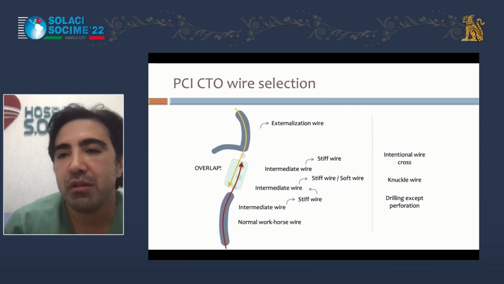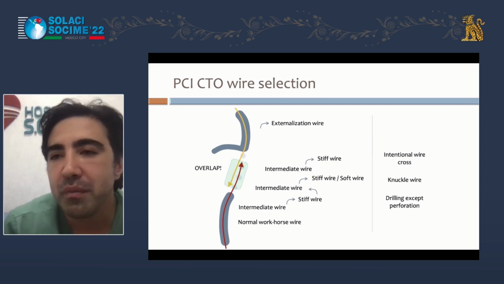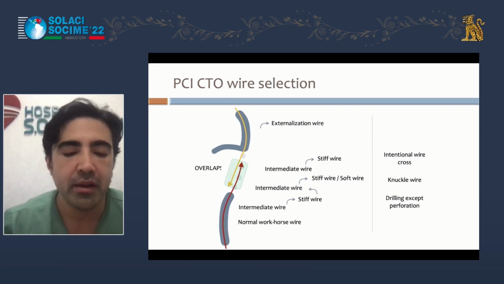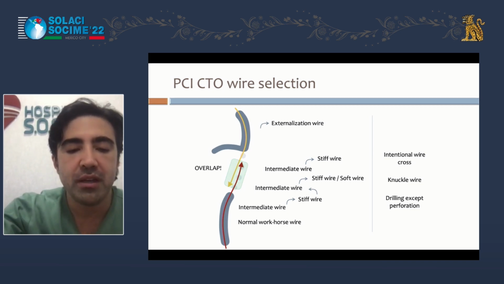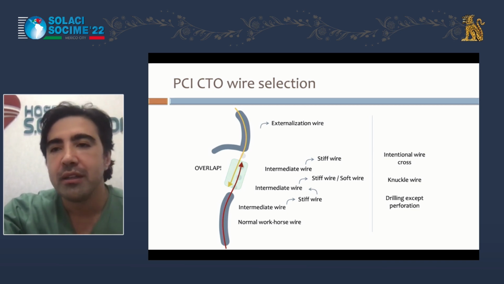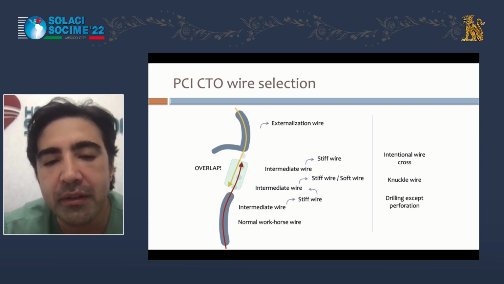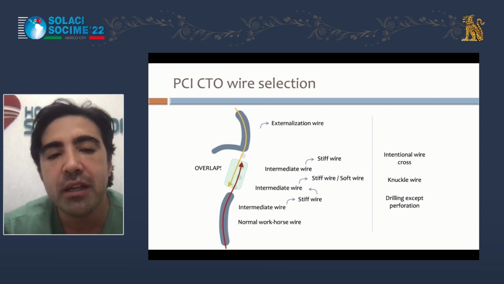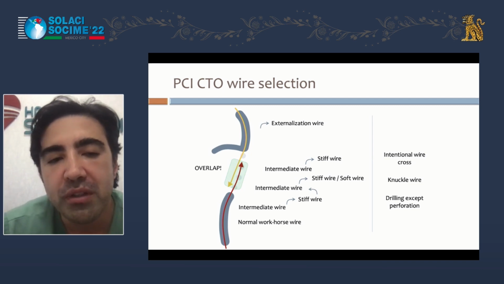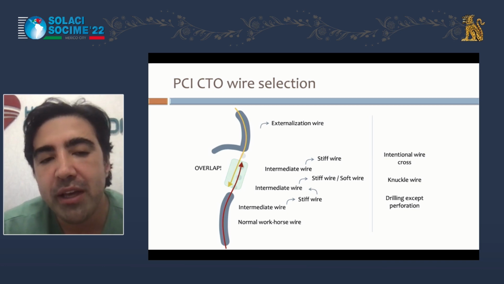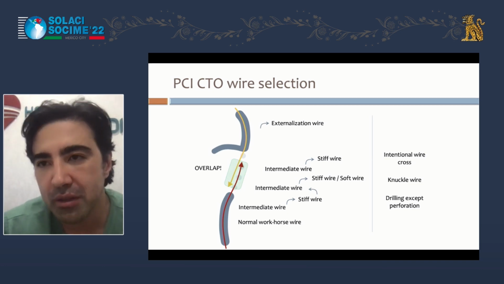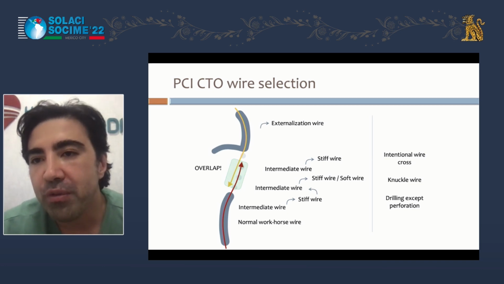We're going to talk about the most common aspect of these lesions, the reverse CART, where we go with a balloon over the antegrade wire, in yellow, to try to connect both spaces.